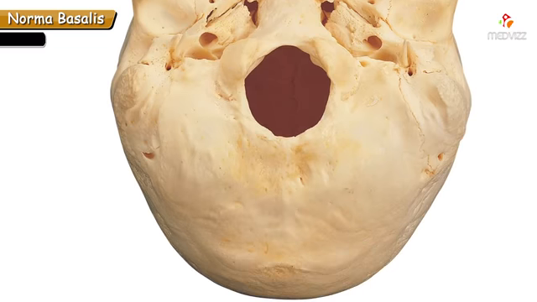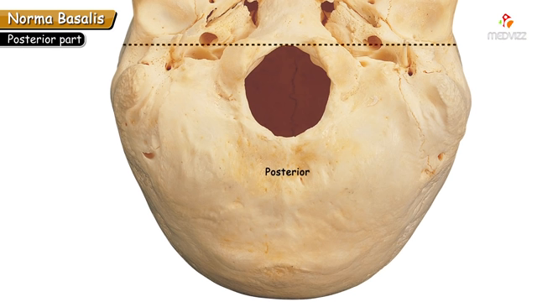Let us understand the posterior part of Norma basalis. The posterior part of Norma basalis extends from an imaginary line which is drawn across the anterior margin of the foramen magnum. This imaginary line separates the posterior part from the middle part of Norma basalis.